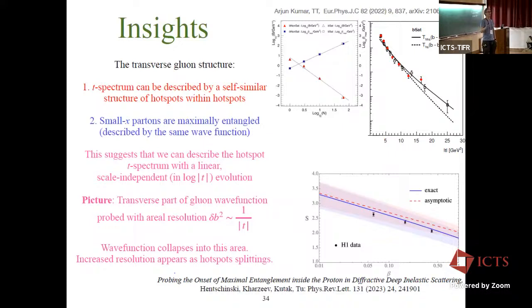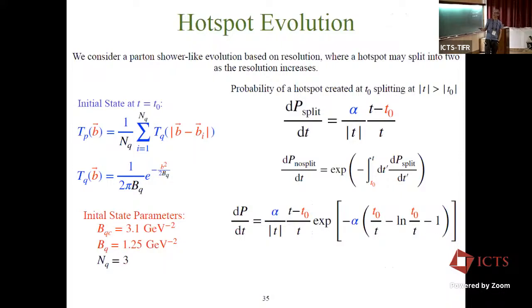That also means if we go to a larger value of t, a smaller probe, that would manifest as a hotspot at one value of t splitting into smaller hotspots at another value of t. That is what we try to model. So we have suggested a hotspot evolution model where we consider a parton shower-like evolution in the resolution scale of the number of hotspots in the proton.